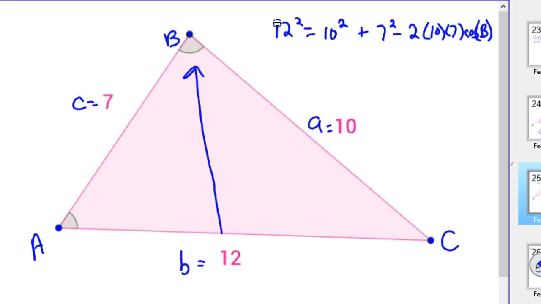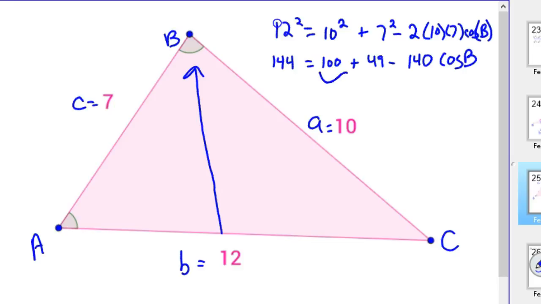So we don't know what B is. We'll have to figure this thing out. So what I do is go ahead and square everything. So there's 100 plus 49 minus 2 times 10 is 20, times 7, looks like 140 cosine of B. The problem here is you've got to be really careful.